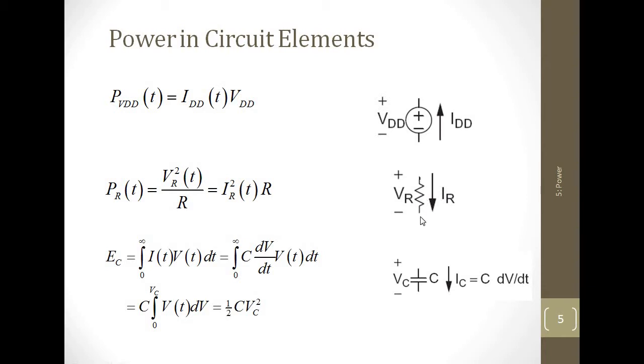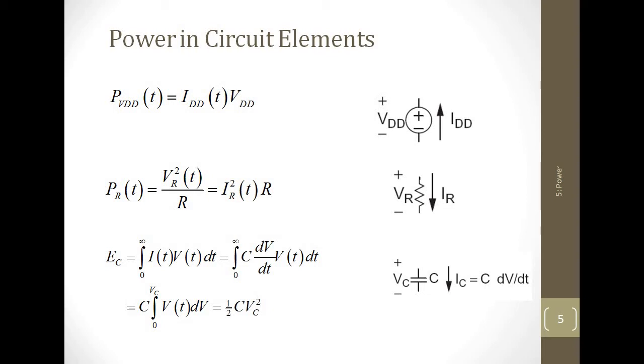Suppose I consider a resistive device, and this resistor is drawing the current IR with a voltage VR, then it is VR square upon R, or I square R. If I take a capacitive device with supply voltage VC and current IC, the capacitance charges and discharges with respect to time, so we need to consider the time constraint for a capacitor.